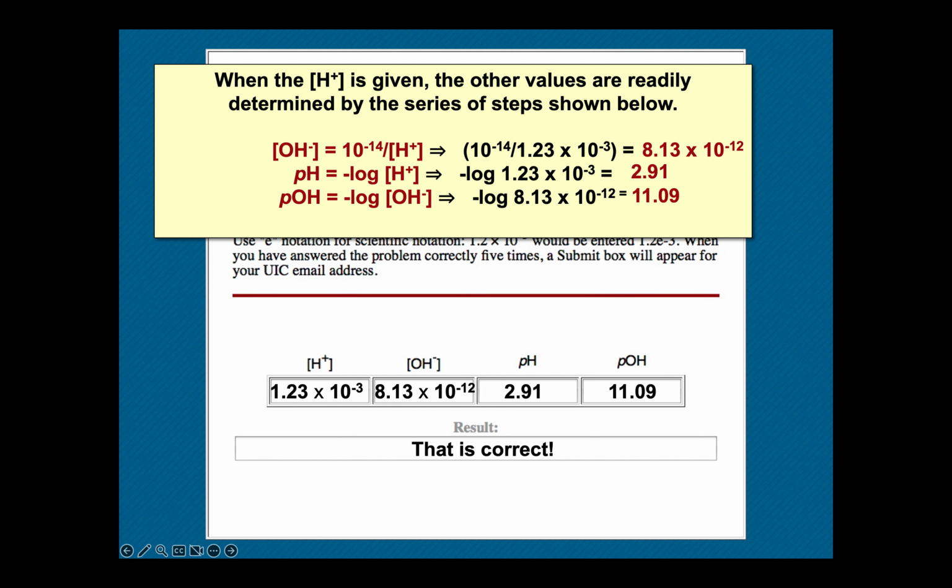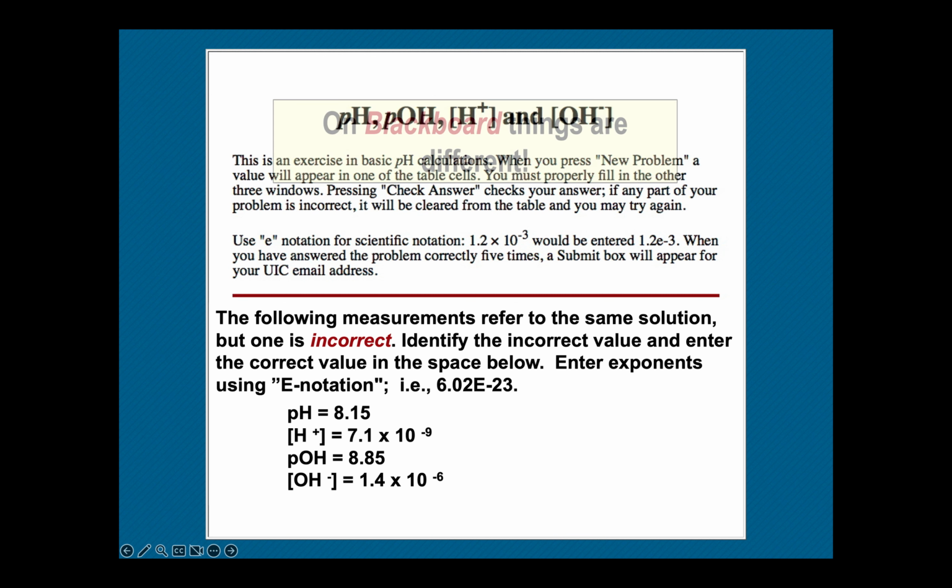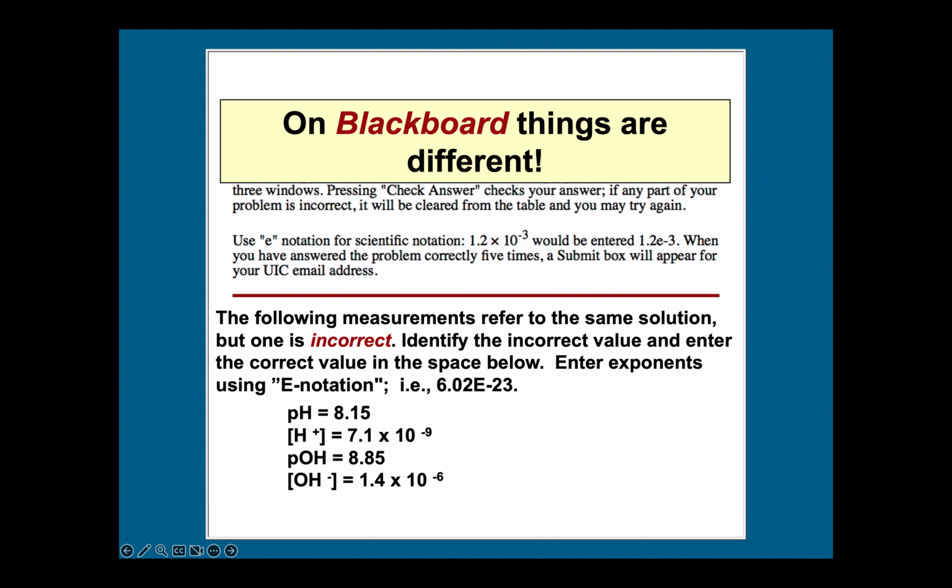And that makes it virtually impossible to do these. So, what I did is I did this. You're given a series of numbers. One of these numbers is wrong. Simply tell me which number is wrong.